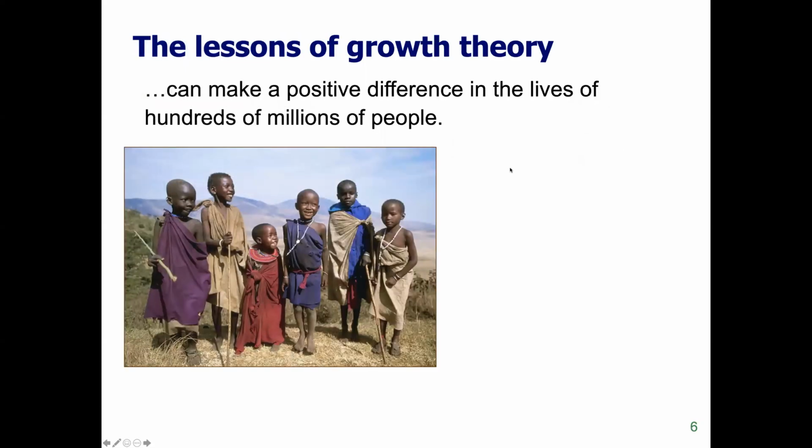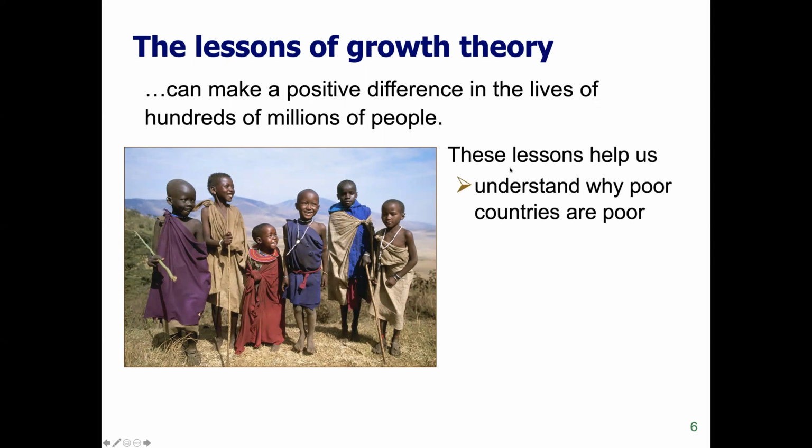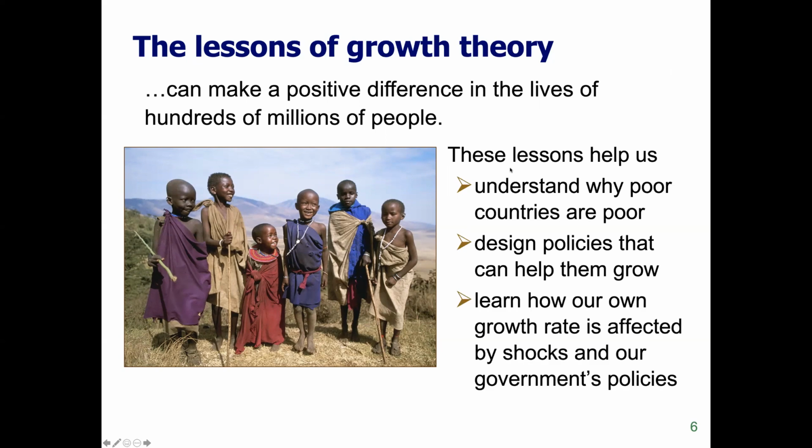Okay, so growth theory can make a big difference to the extent that we actually do understand economic growth, and there are real limitations to how well economists do understand economic growth. But we want to ask questions like why poor countries are poor, design policies that can help them grow, and learn how our own growth rate is affected by shocks and our government's policies.